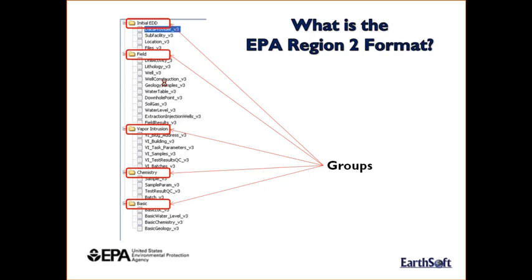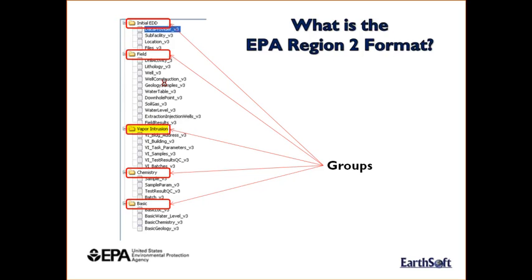The one towards the bottom that says chemistry used to be called lab, but since that data is a little bit more general and can be used to report non-lab data as well, we renamed that section to chemistry. The vapor intrusion group right above it is a new section in the version 3 format.